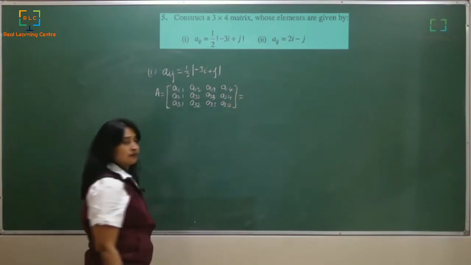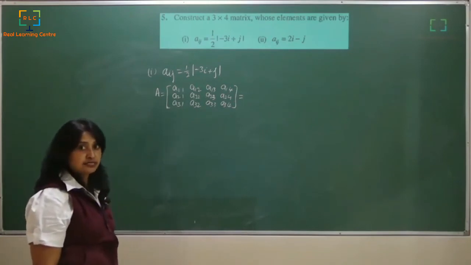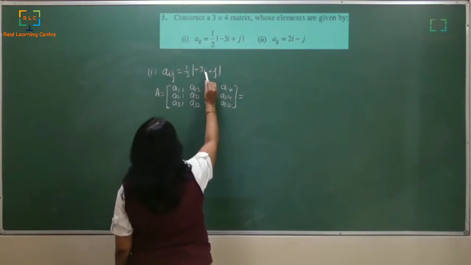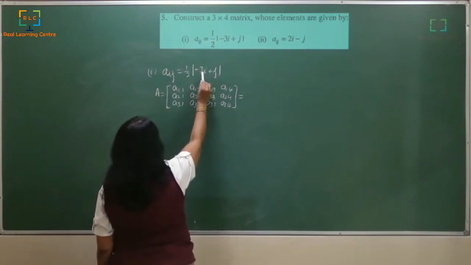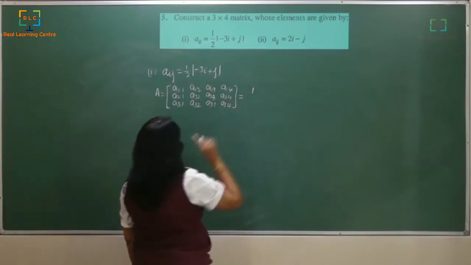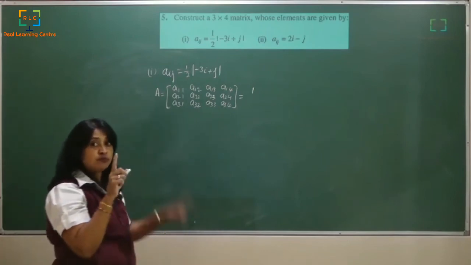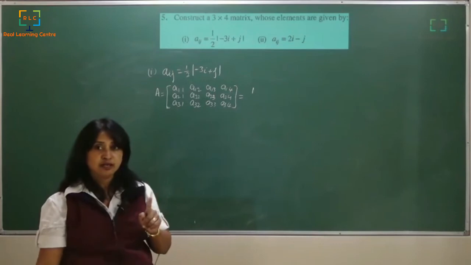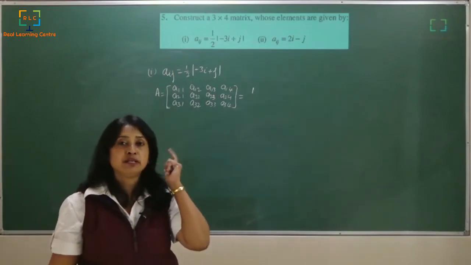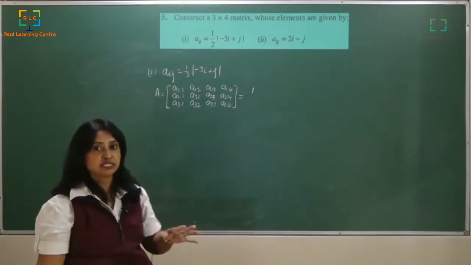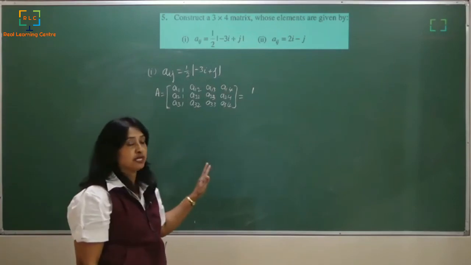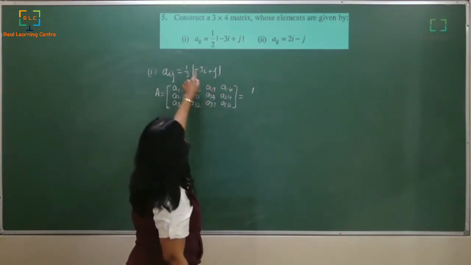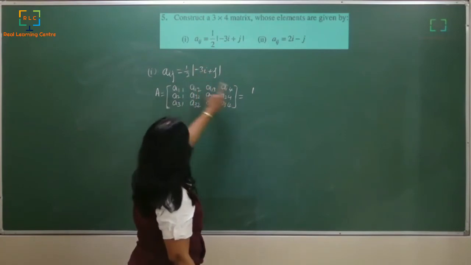Let us calculate as we did in the example we saw. For 1 and 1, minus 3 plus 1 is minus 2, divided by 2 is going to be 1. And always remember, whenever they give you modulus, none of your answers is going to have a negative sign. Even by mistake or hastily, you are not going to write any minus there. So minus 3 plus 1 is minus 2, but modulus of minus 2 is plus 2. 2 by 2 is 1.